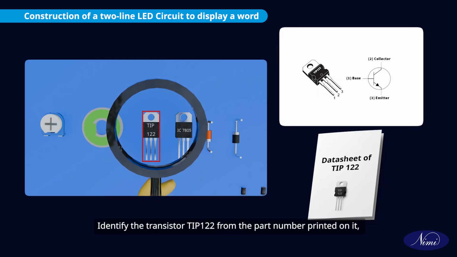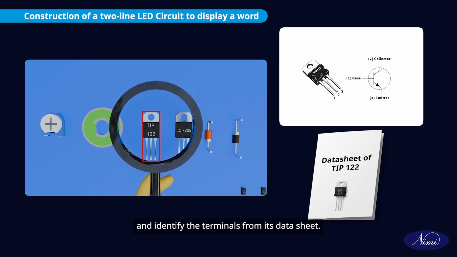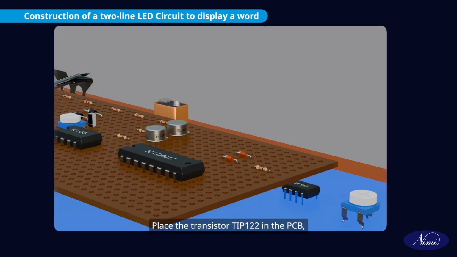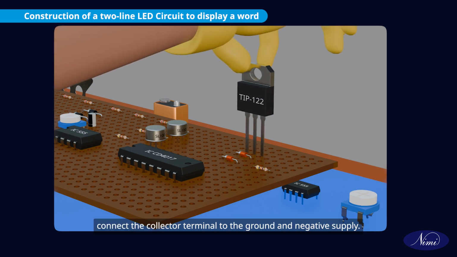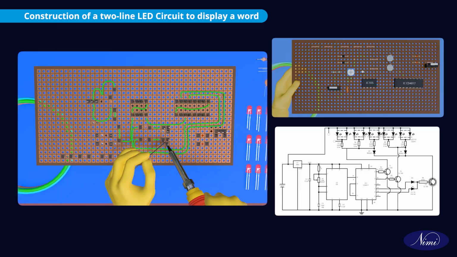Identify the transistor TIP122 from the part number printed on it and identify the terminals from its datasheet. Place the transistor TIP122 on the PCB, connect the emitter terminal to the ground and negative supply.